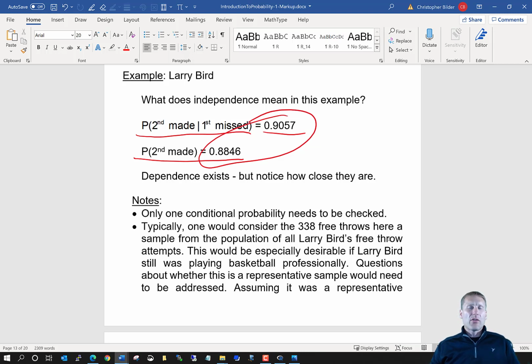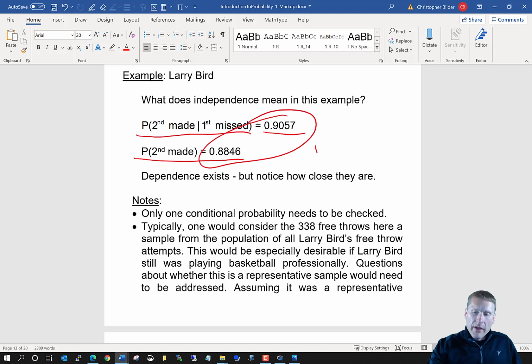But notice how close they are, and refer to our discussion before with respect to how this is a sample, and later in the semester we will look at it from the point of view of trying to generalize to a population.